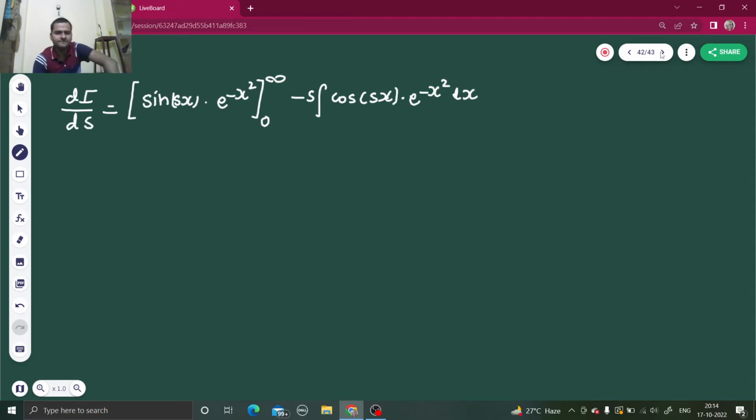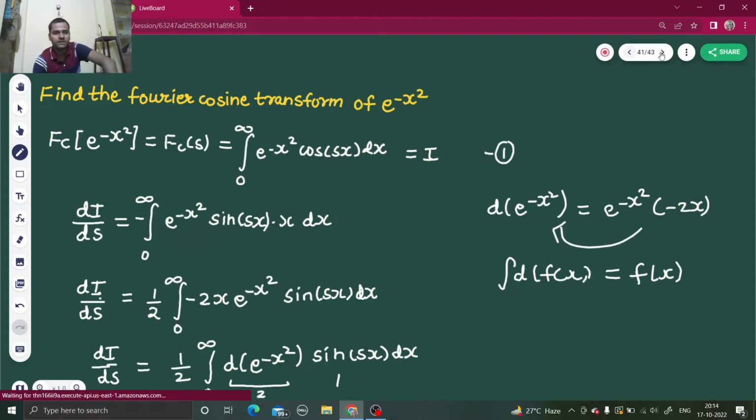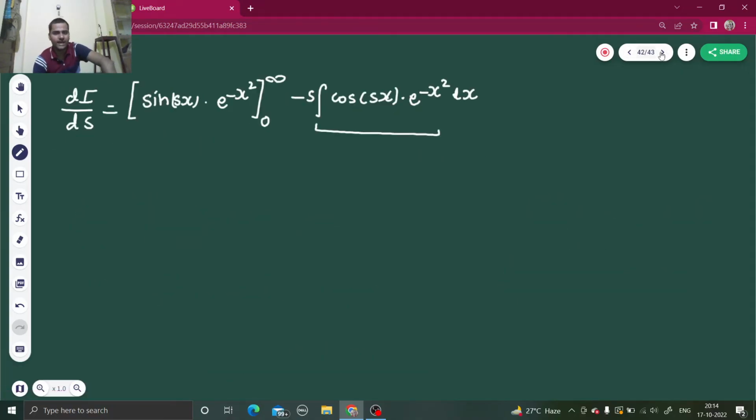Now here, this thing if you see carefully, e power minus x square cos sx dx, that I assume to be I. So I am getting dI. Again, if you see here in the first term, infinity if you put, so 1 upon e power infinity is 0, and the lower limit will become 0 because of sine.